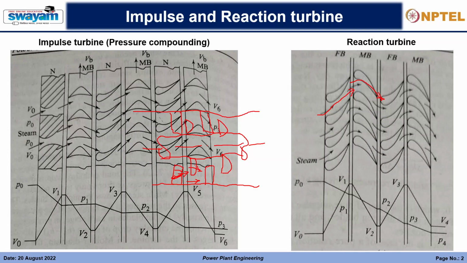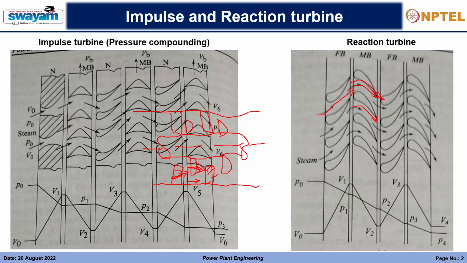Okay, and the steam which is responsible for the rotation is the steam flowing directly through the turbine. So this direction you are seeing now is the direction I'm talking about here. Then it is again moving through a fixed blade, right? So this is the fixed blade.